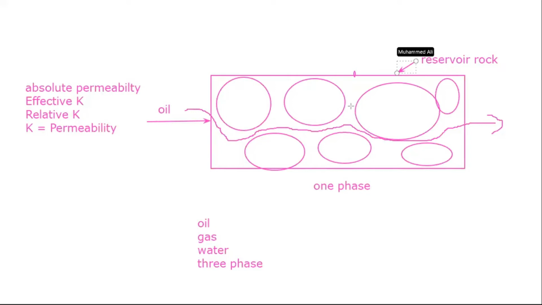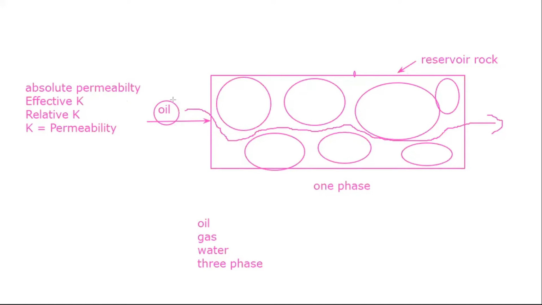All the permeability inside this rock belongs to this oil, because there's no other fluid. Absolute means all, complete. So when all the permeability belongs to this one fluid, that is the absolute permeability.